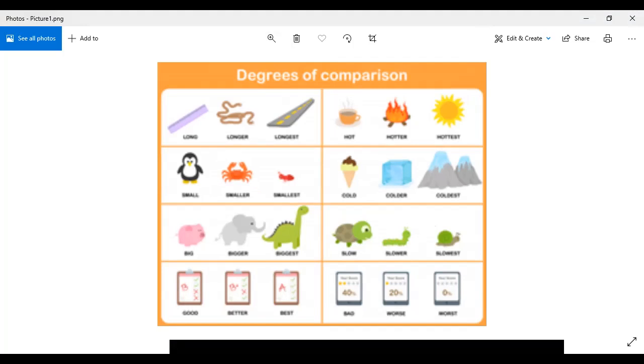This penguin is small, this is smaller, and this bee is smallest, right? Then we have an ice cream. The ice cream is cold, the ice cube is colder, and the snowfall on the mountains is coolest, right? Okay, look, this is big. Then we have elephant, which is bigger, and then we have dinosaur, which is biggest, right?